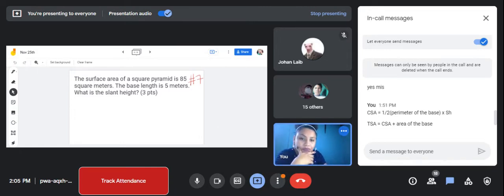So this is telling you the surface area is equal to 85 square meters, and the base length is equal to 5 meters. What is the slant height?